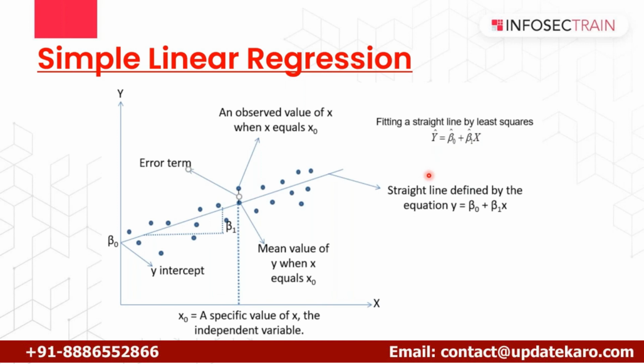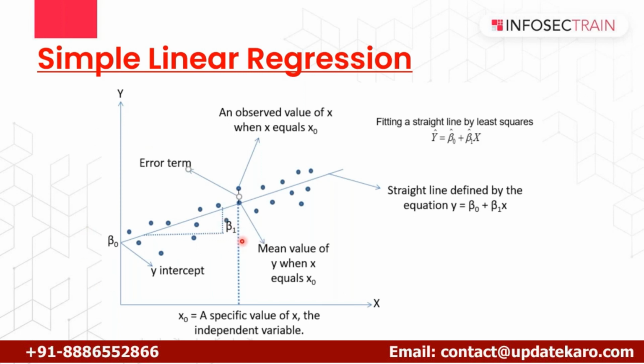What I'm trying to say is that if the value of your independent variable is 0, what will be the value of Y, the sales? Sales will be the beta naught value, the initial value of your target variable. If we're talking about the slope, what is slope?